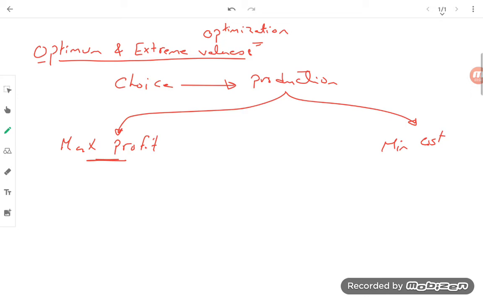So optimization means the quest for the best.